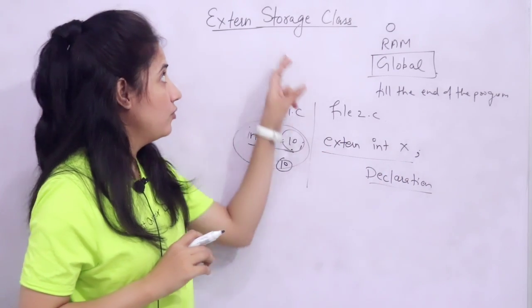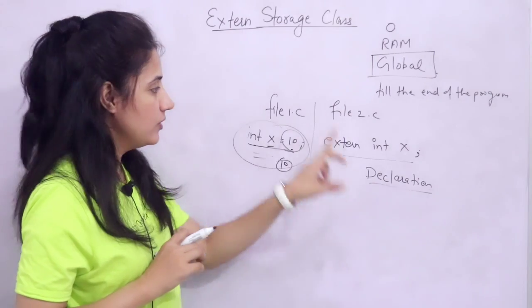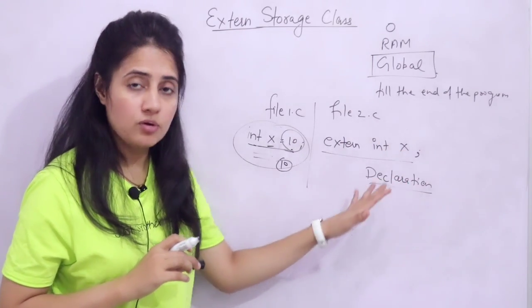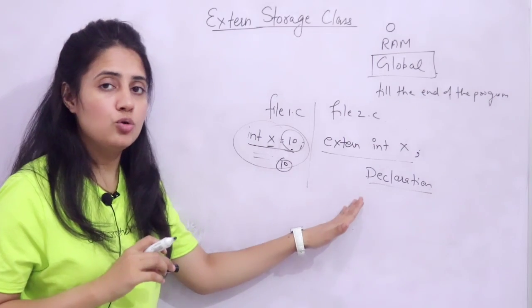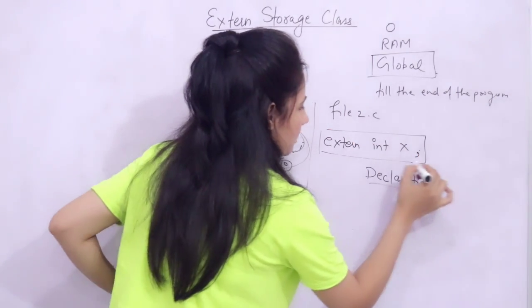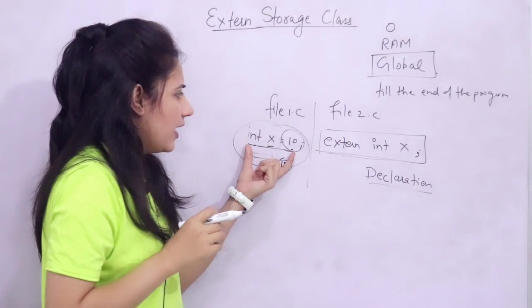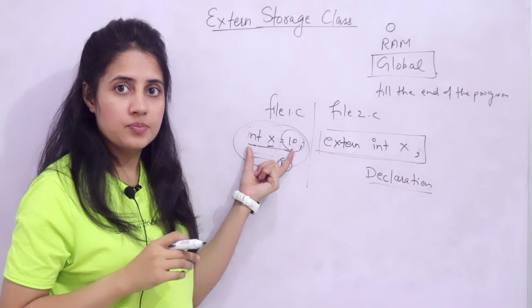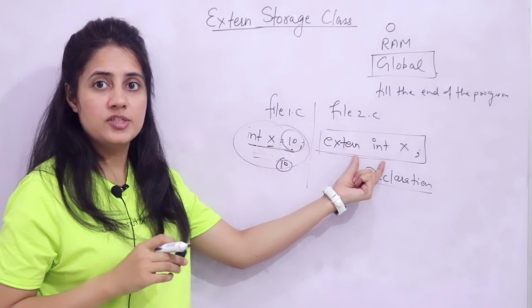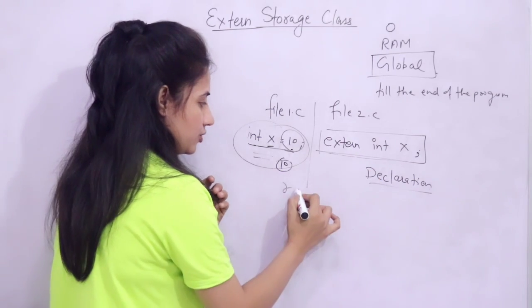Fine. Now, how to use this extern keyword? We will use extern, the data type, and simply the name of the variable, or with a function also you can use this, that also I will show you. Now, what does this line mean? In this file I have some variable, and I want to use this variable in another file, that is, reuse.